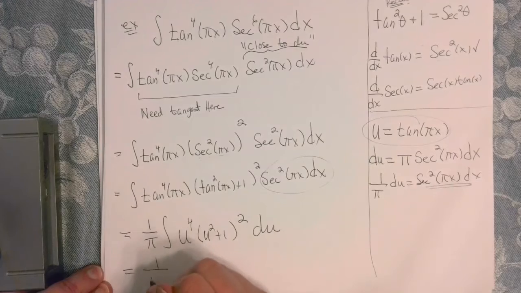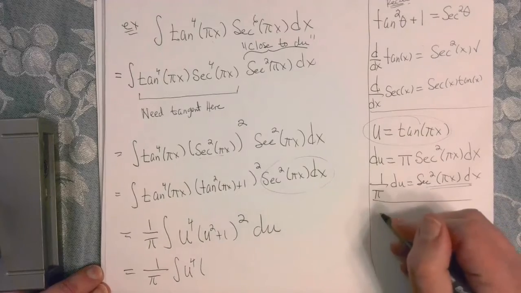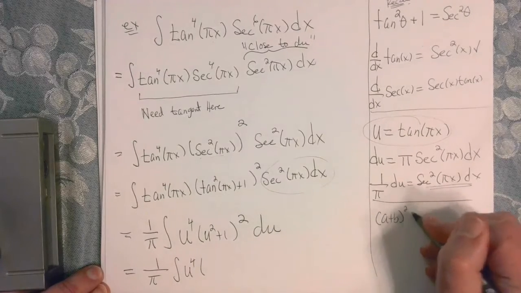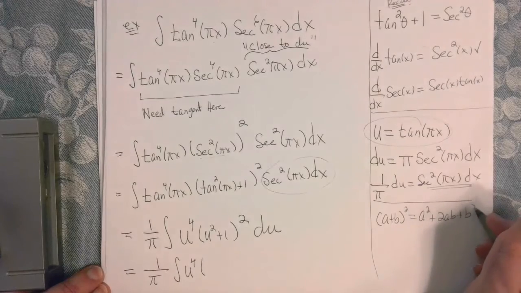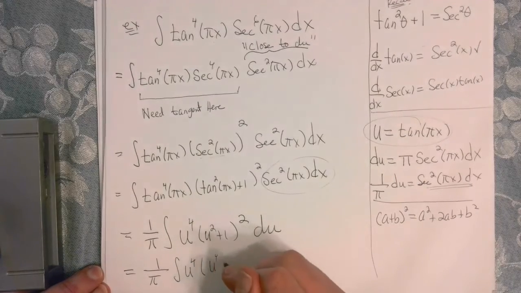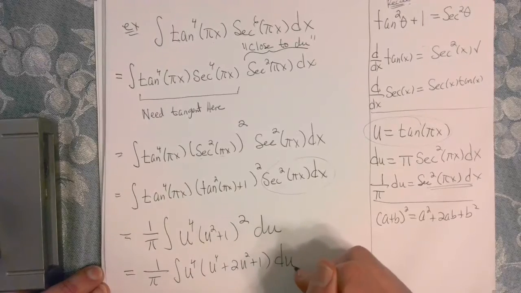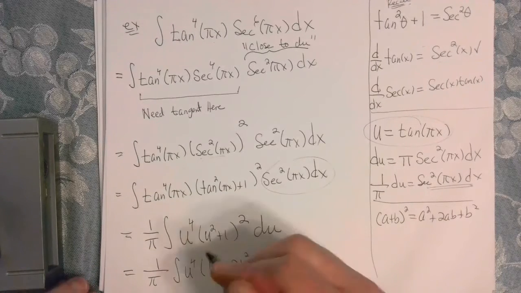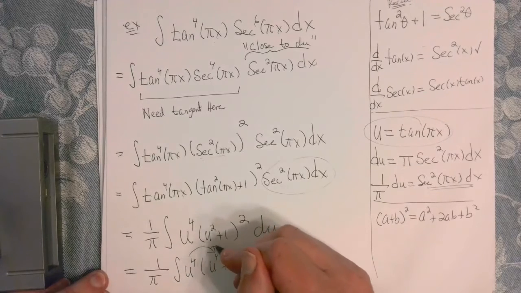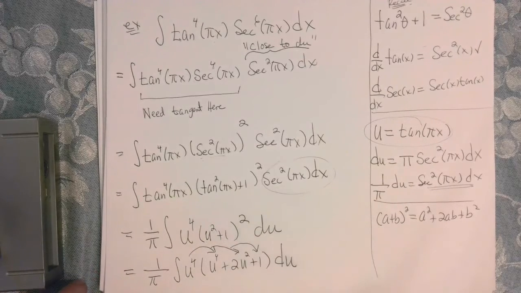So let's see what we have. We've got 1 over pi, antiderivative of u to the 4th. And then again, we're going to use our favorite, a plus b quantity squared. So that's going to be u to the 4th plus 2u squared plus 1 du. Okay, so now be careful, distribute. Remember to add exponents when you multiply the same base.